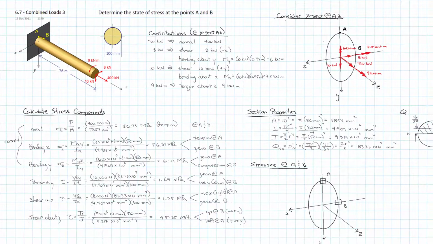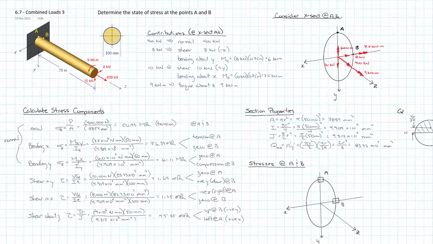And so what do we have here? If I look at A and I add up all our normal stresses, I have 50.93 megapascals in tension at both A and B. I have 76.39 megapascals tension at A, and the other one is 0 at A. So if I add those two values together, they're both tension, so let's show that as tension.